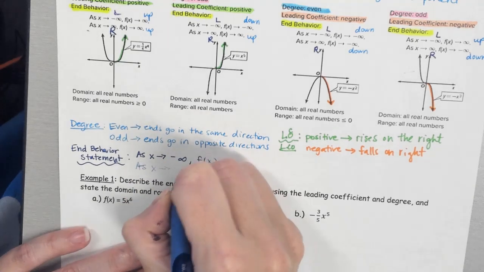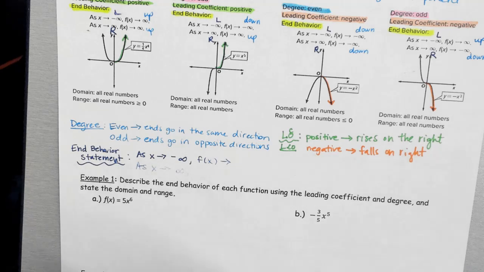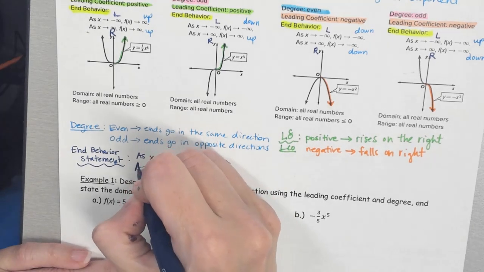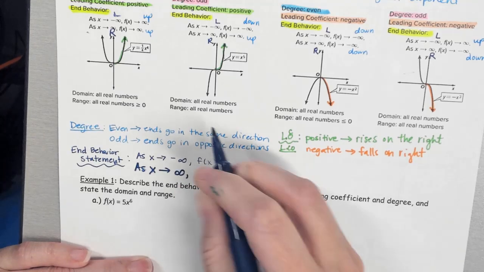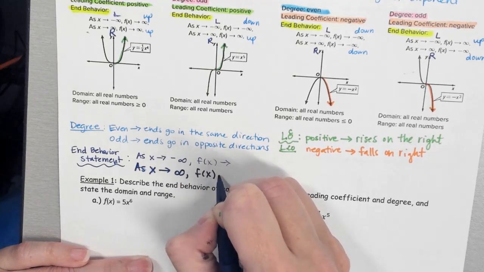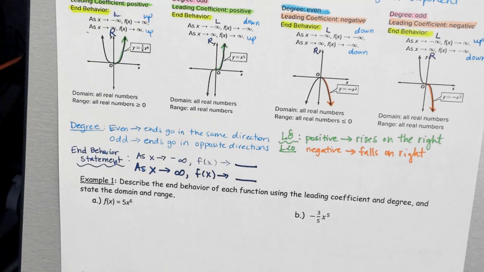And on the other side, it says as x goes to positive infinity, f of x goes to. We do need to practice to make sure that our infinities look decent. I don't expect perfection, but I should be able to tell what it is, and it should not be an 8. If you're really struggling, you can always put two ovals next to each other. That's fine. Or you can just do a sideways 8.